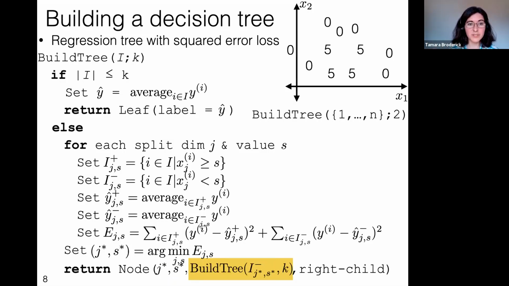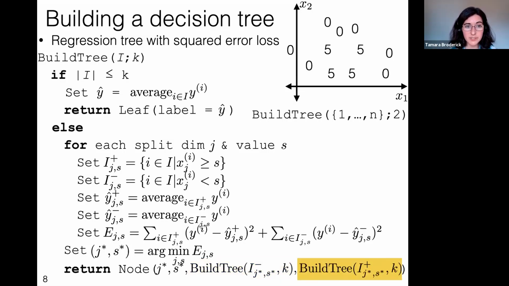In particular, we're going to build a tree on a set of indices that are now smaller than the original indices we put in. We put in our indices I, and then we found a split described by J star and S star. We're going to take all the indices on the left side of that split and build a tree with them. And then on the other side, we take all the indices on the right side of the split, and we're going to build a tree with them.